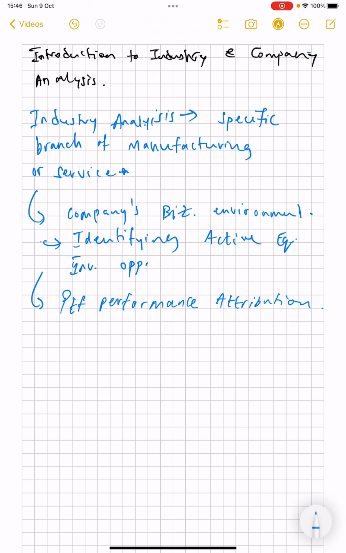This refers to industry analysis, and company analysis is when you are analyzing an individual company.